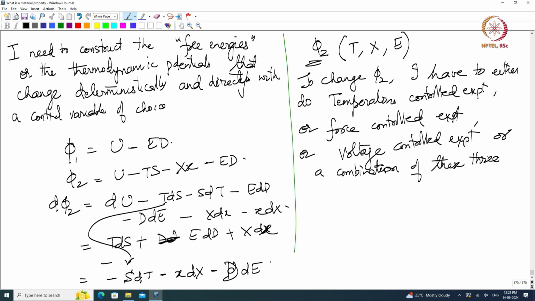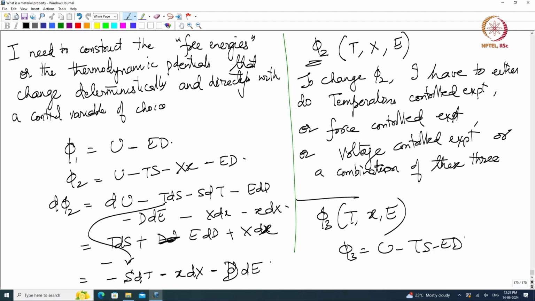Then I can define another potential phi 3 which is dependent on T, small x and capital E, right. So, then I just write phi 3 as u minus T s minus E d, right. So, there is no x there, right. Similarly, I can define phi 4 which is dependent on entropy or the heat, right. You can make various such combinations, right.